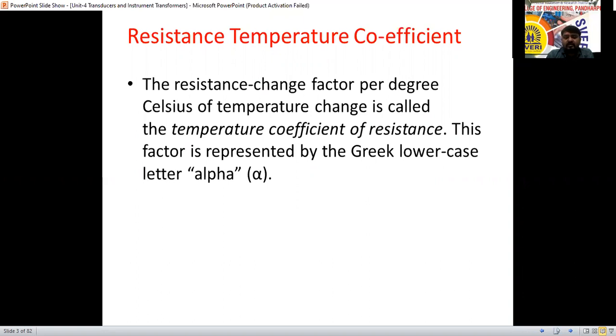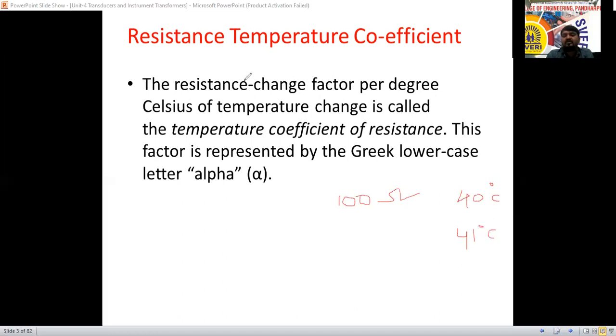See here, suppose initially 100 ohm resistance is there for around 40 degrees Celsius temperature. Suppose for 41 degrees Celsius, the resistance is changed or not, that matters here.